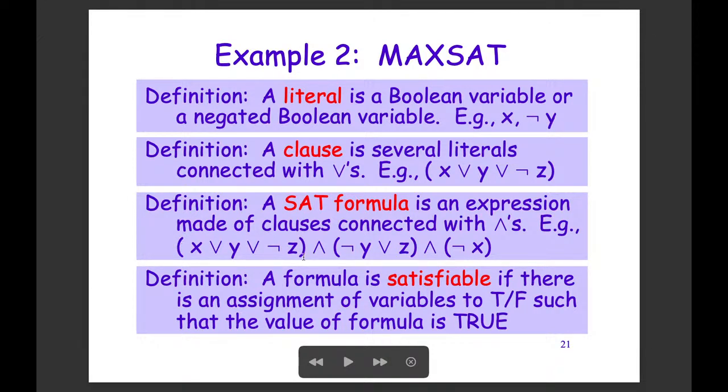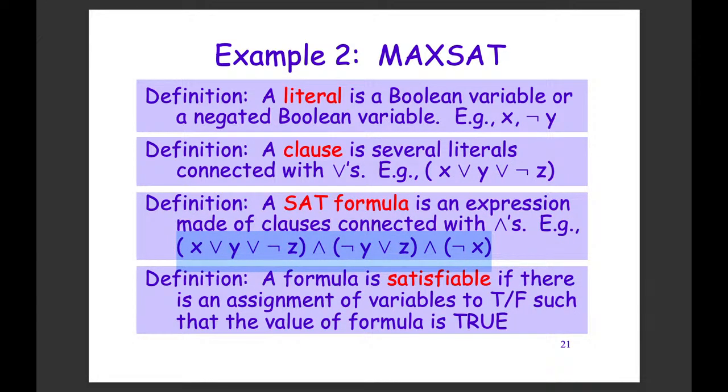It is like many clauses ANDed together, and within each clause, it is just some variables or the opposite of the variable ORed together. Each of them is called a literal. So this is a clause, this is another clause, this is another clause. So there are 3 clauses ANDed together. So we have the input of a certain formula like this.